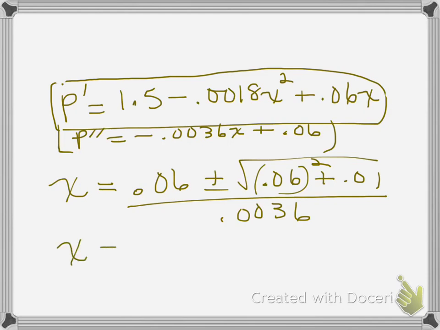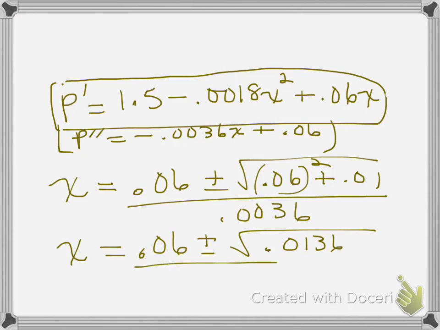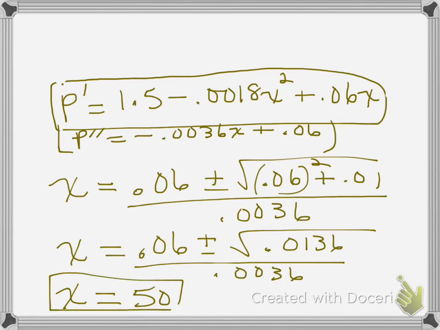Okay, so I'm going to clean this up. This is going to be 0.06 plus and minus 0.0136 over 0.0036. And as I work it through, I get x equals 50, so I probably could have factored it. So x is 50 is what I'm getting. That means that if I sell 50 ties a day, I will maximize my profit.